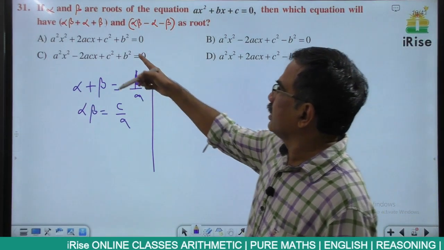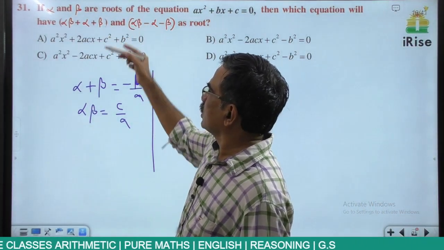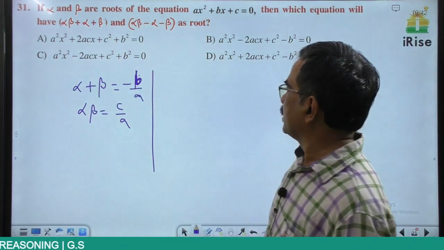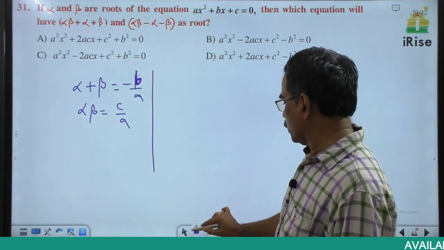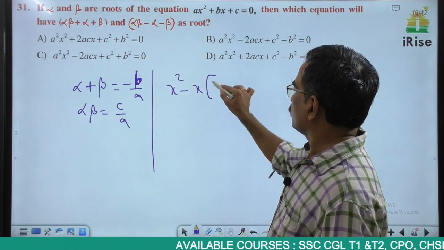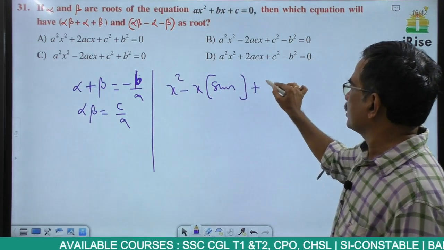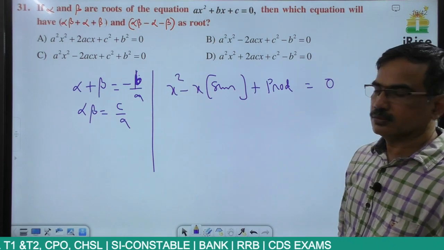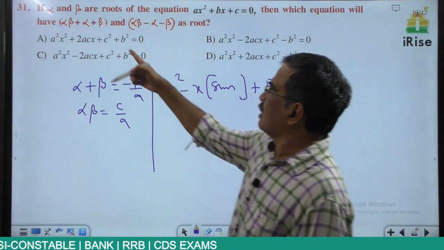Then I want to find the equation whose roots are alpha beta plus beta, that is, I want to write directly the equation. The equation is x square minus x into sum of the roots plus product of the roots equal to 0. What is the sum of these two roots?